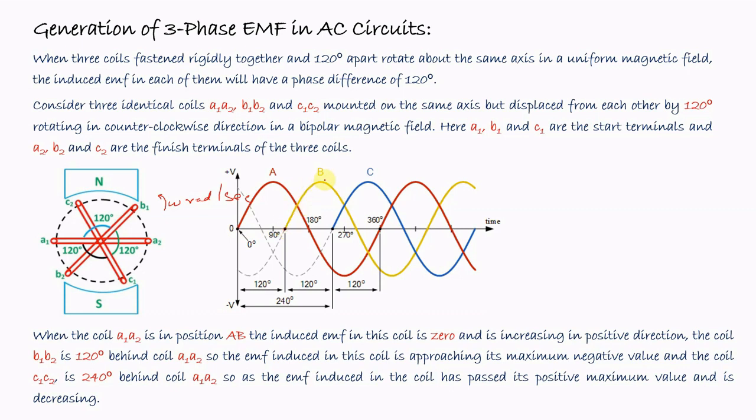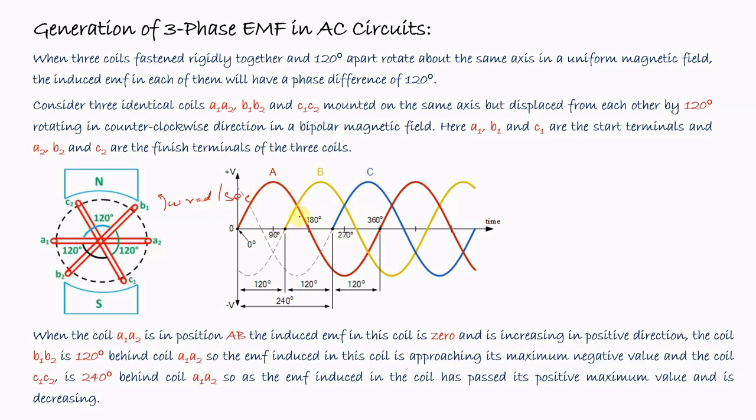So the voltage of the B coil started here. It is represented by the yellow curve. So this is the induced EMF of the coil B. Whereas the coil C is again 120 degrees after the coil B. So the EMF induced in the coil B is here, and after 120 degrees the EMF will start to be induced in the coil C.